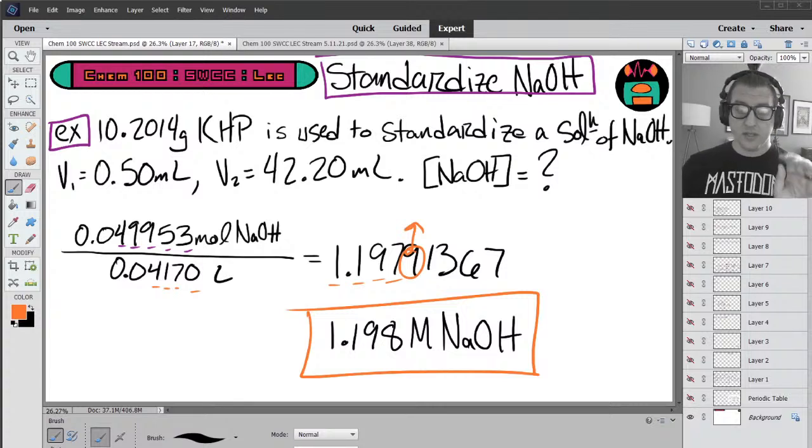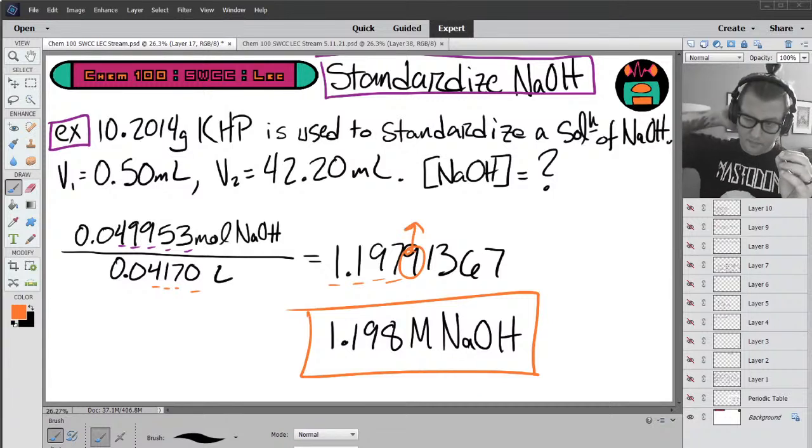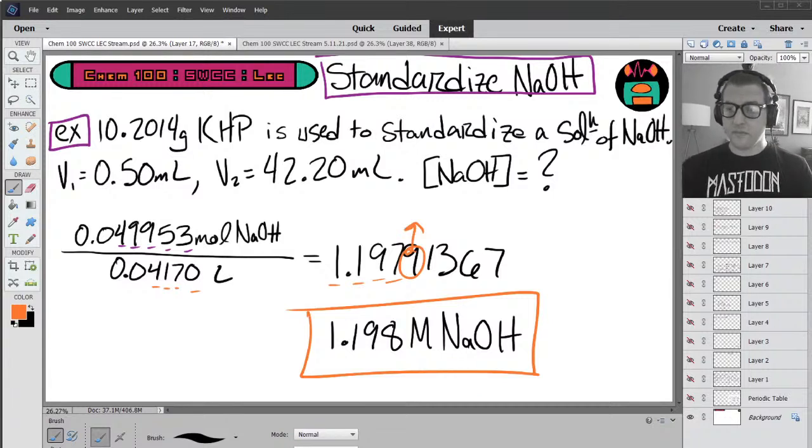All right, so that is the standardization. This is what pre-lab 11 and in-lab 11 are all about, the standardization titration. So that has you set up there.